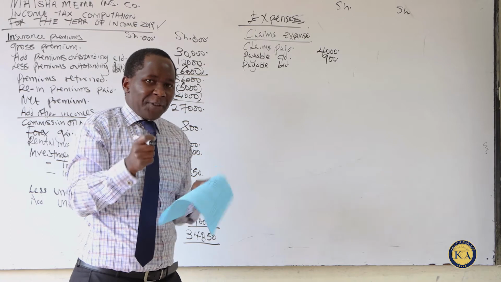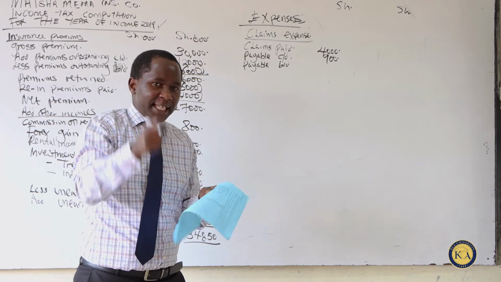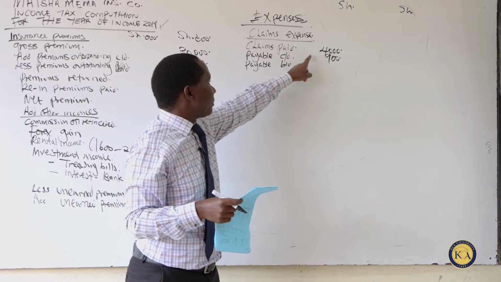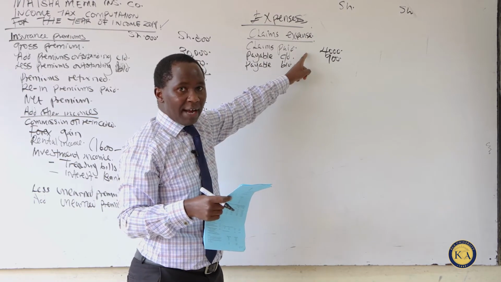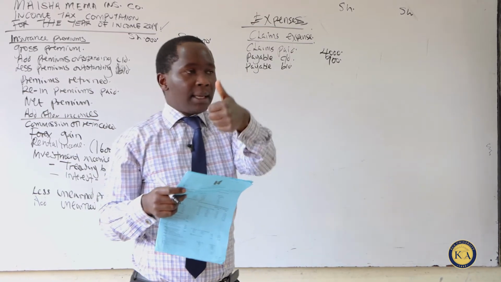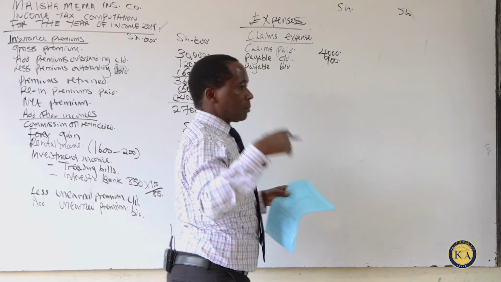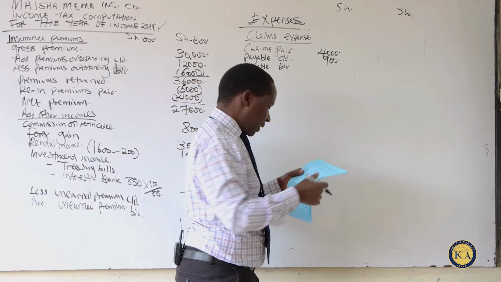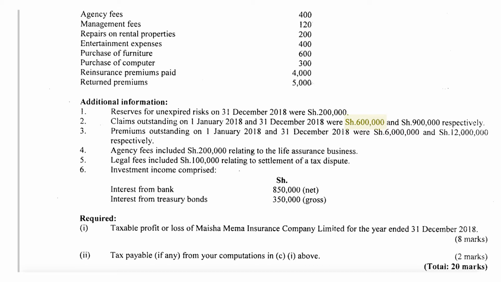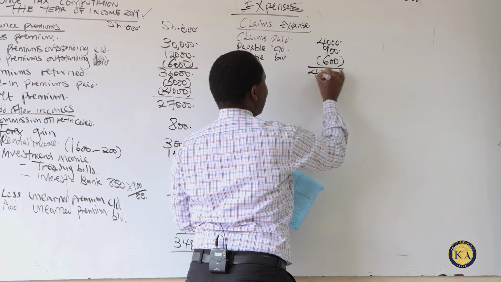Remember, we are accounting for the expense for the year, the expense that has been incurred, whether it has been paid or not. So this payable carried down has been incurred this year. This one brought down was payable in the previous year, though it was not paid. It's not an expense. We should not account for it as an expense here. So we less 600, and this will give us 4,300.